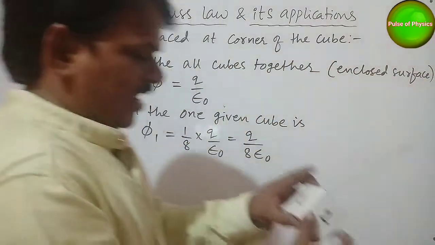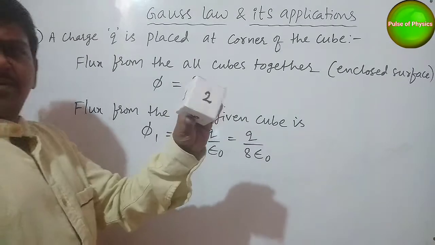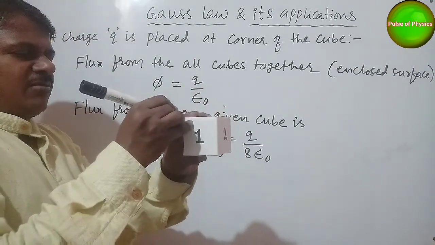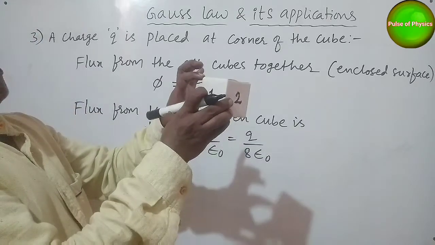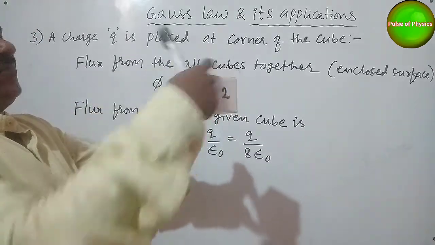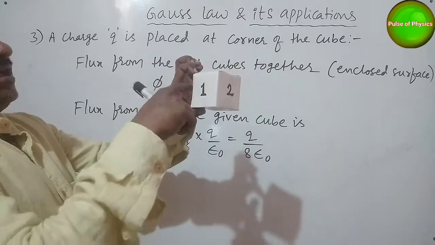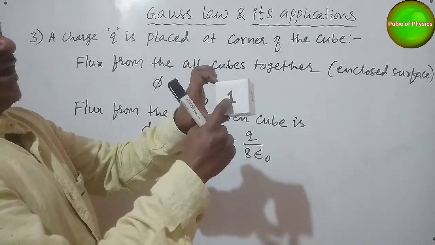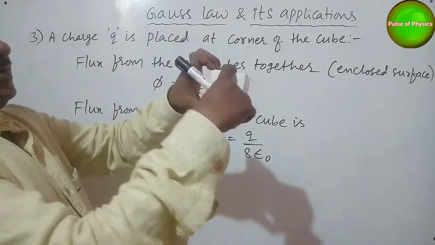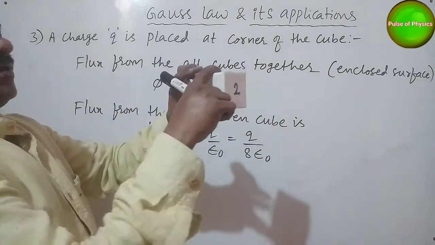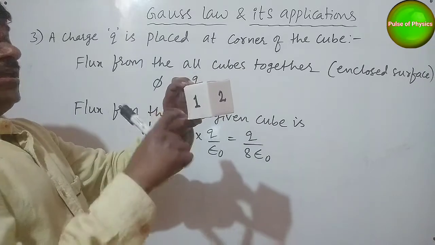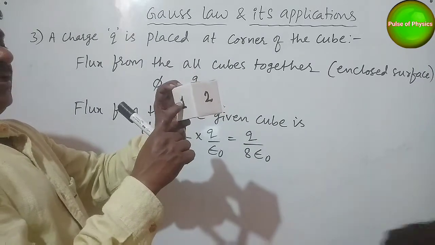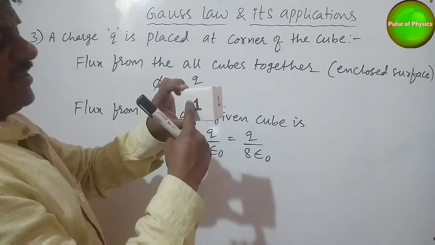Here I placed the charge at the corner. What is this? Charge at this point. Now this face is adjacent to the charge. Right? Here 1, 5 and this face is 4. 1, 5, 4 are adjacent faces. Now you see opposite faces.